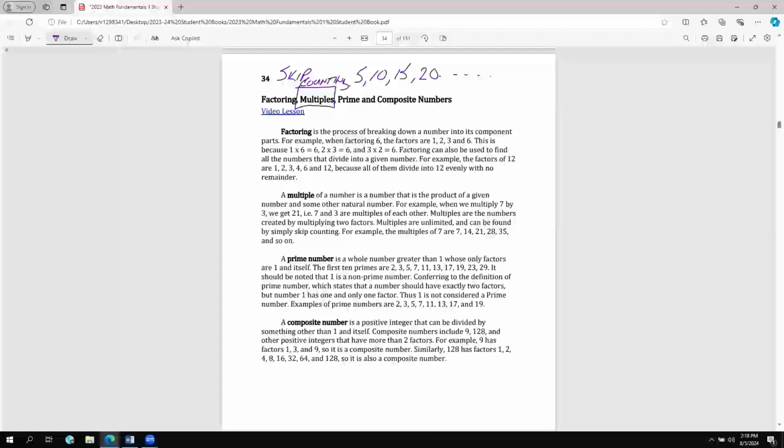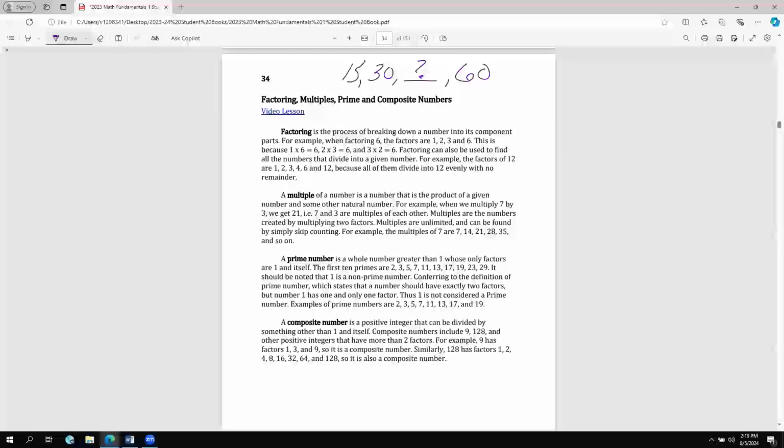Now, on the GED math test, when it comes to multiples, what you may see is something like this. You may see a series of numbers, and I'm going to just throw a number up here. They'll have 4 values or whatever, a list of numbers up there, and they're asking you, what number is missing in this list?